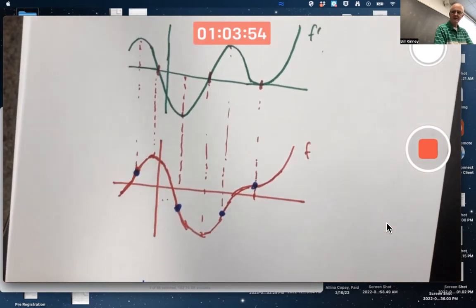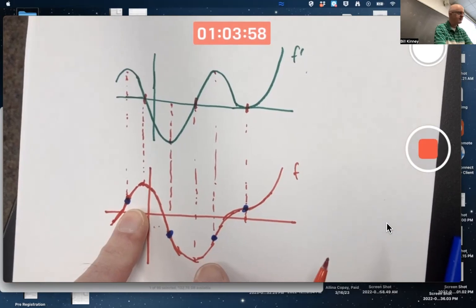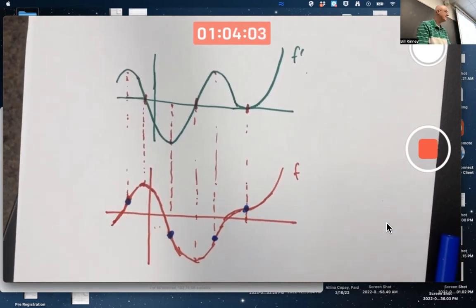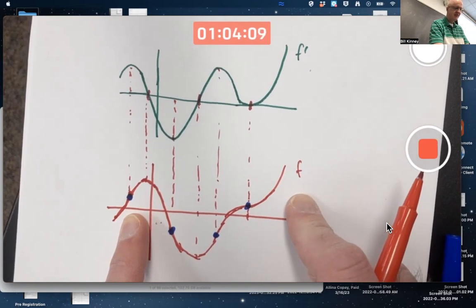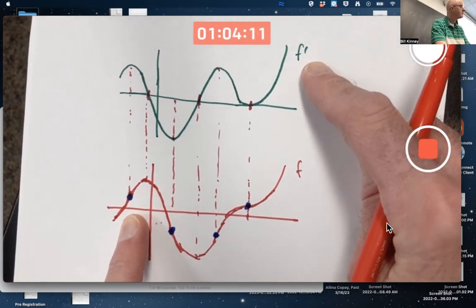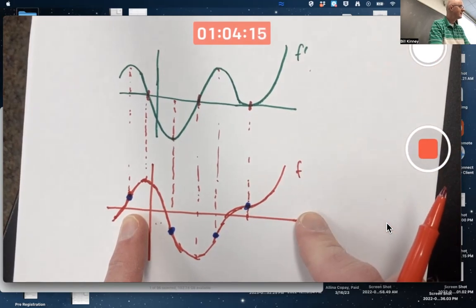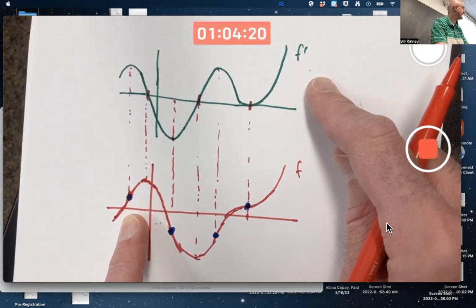I do want to come back here to this situation again and emphasize why these are inflection points for the other problem. It was not part of the problem statement. But why are these inflection points of this function f based on this graph of f prime? Inflection points of f are the same places where f prime has local maxes and mins.